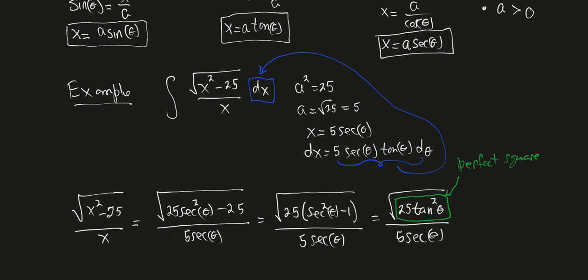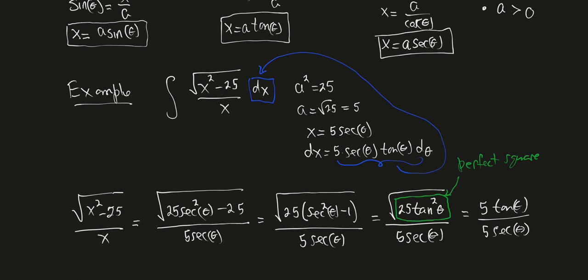So when we take the square root of 25 tangent squared, that gives us 5 times tangent theta, and then at the bottom here I have 5 secant theta. All right. Now, we look at this, and obviously the 5 can be canceled out, right? So we're left with just tangent theta divided by secant theta.